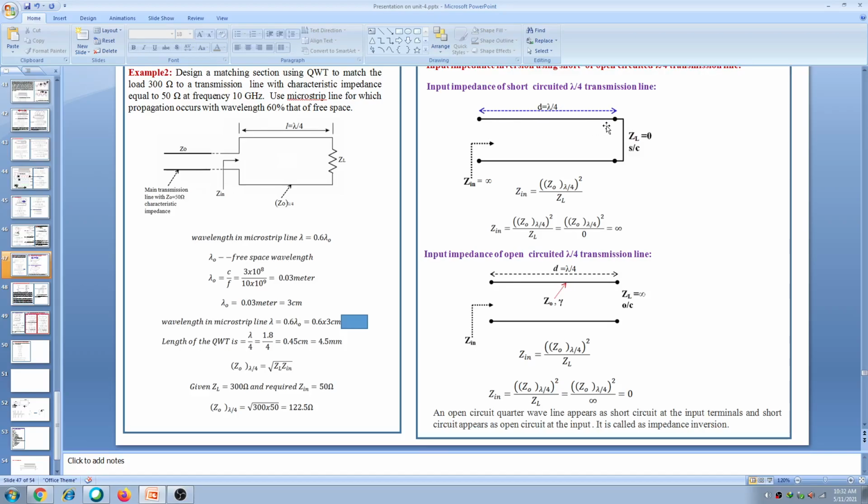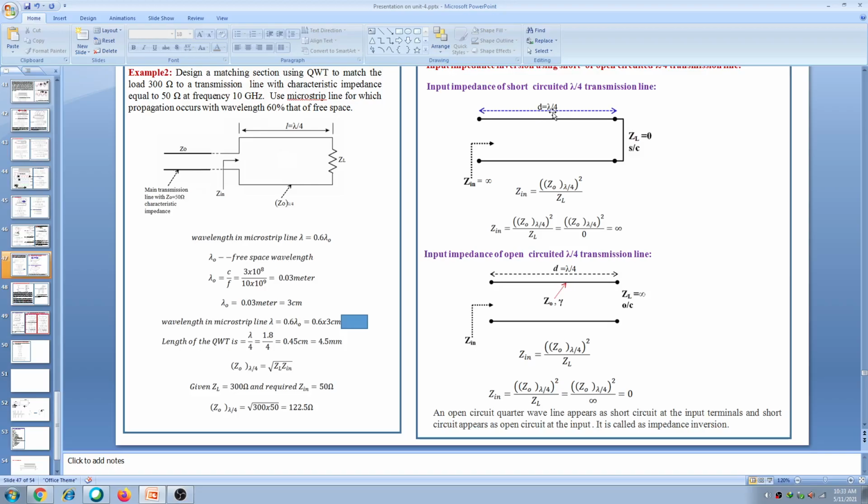Are you getting it? Okay, what happens here? If a current tries to enter here, it doesn't go, even though the short is there, because current does not go like this. And at what frequency? At a frequency when the length is equal to lambda by 4.